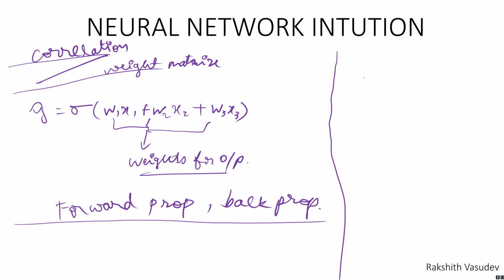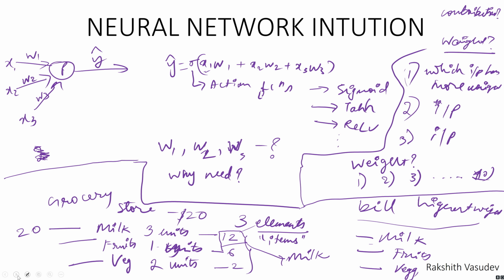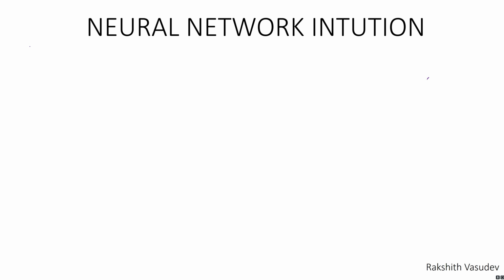So you pass in the inputs, and the output is sigmoid of w1 x1 plus w2 x2 plus w3 x3. Now all you do is forward propagate. That means you pass this in and check your predicted value.